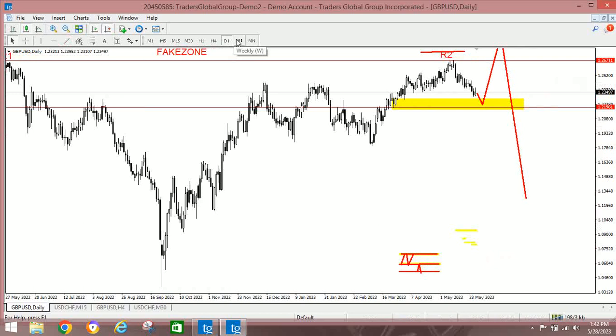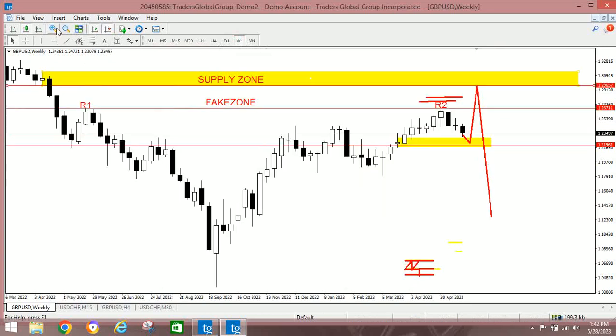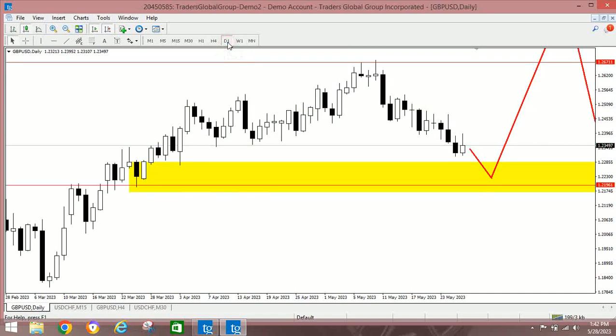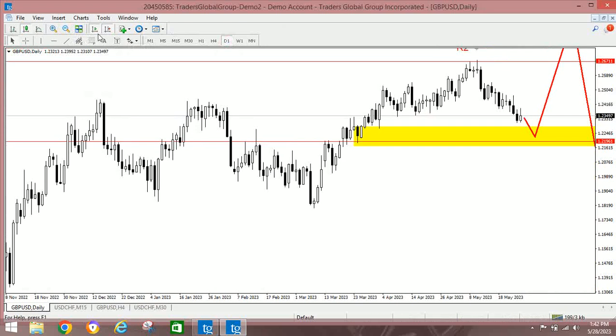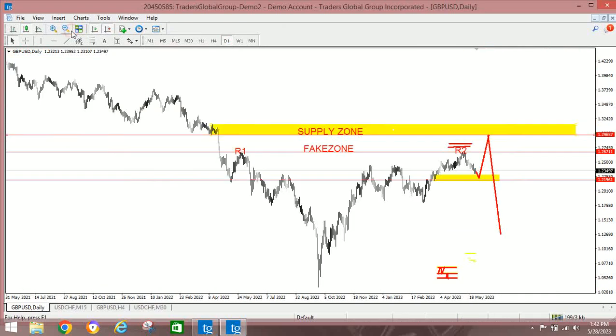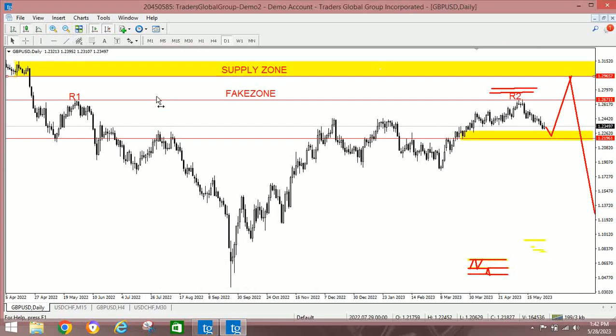So let me see on the weekly, does it look proper? See, on the weekly it looks very proper. Even the base candles actually look nice. So at this, what is going to happen? So zoom it. So this is what is going to happen here on the pound dollar.